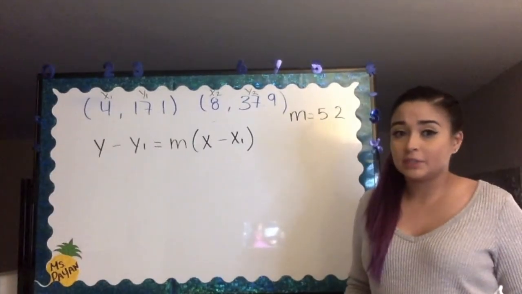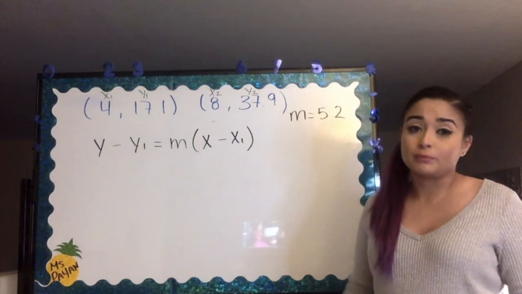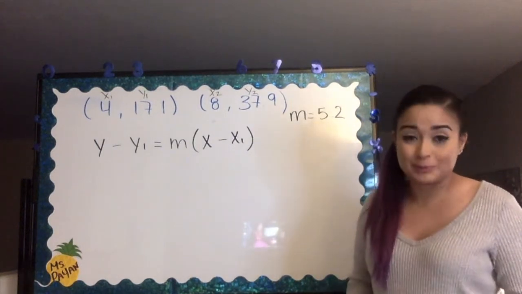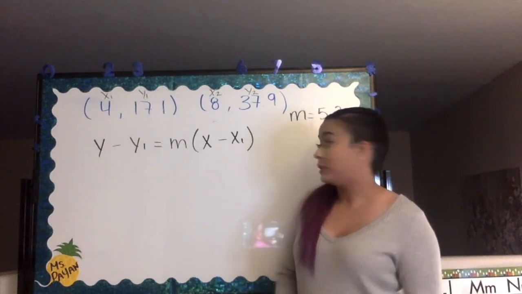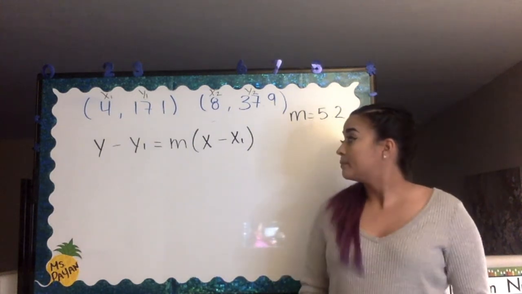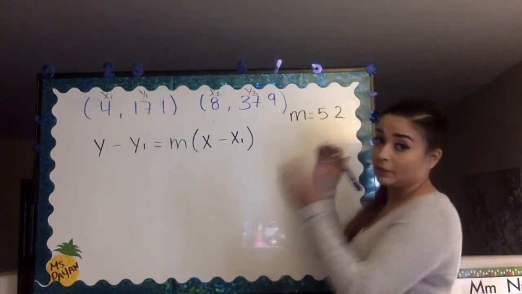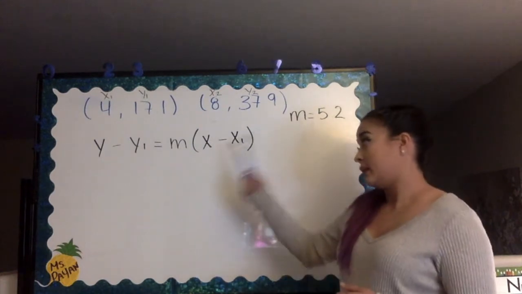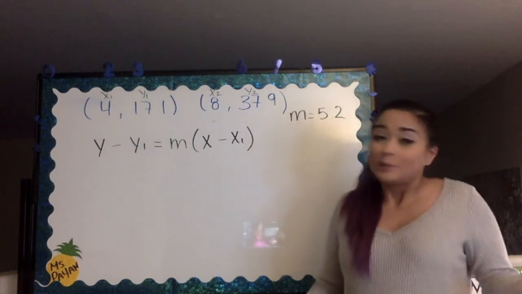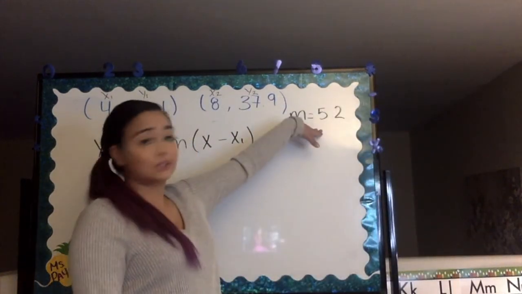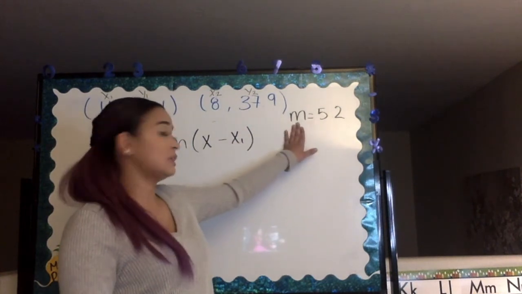Now we're going to be using our point-slope formula. It looks like this: y minus y1 is equal to m, in parentheses, x minus x1. So what do you think we're going to do? Plug in our numbers. Remember, we already found our slope, which is represented by m.